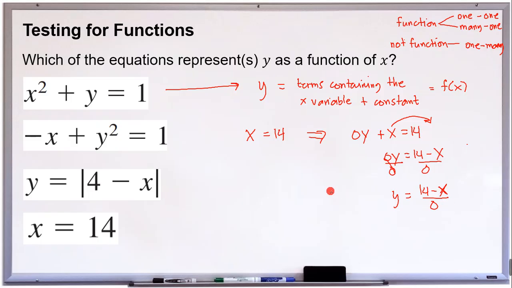Now, you can also see this effect if you graph this equation x is equal to 14. Now, the behavior of the graph of x is equal to 14 is a straight vertical line. This is our Cartesian coordinate plane. So this is the location of x equals 14.